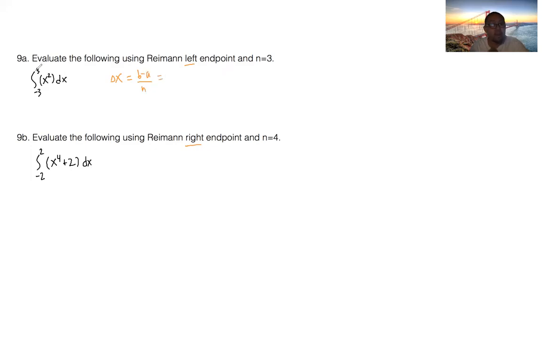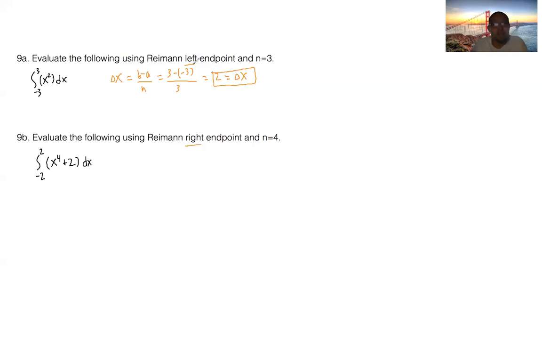So b in this case is 3, a in this case is negative 3. So 3 minus negative 3 divided by 3, okay, which is 6 over 3, which is 2. So we know that our delta x value is 2.